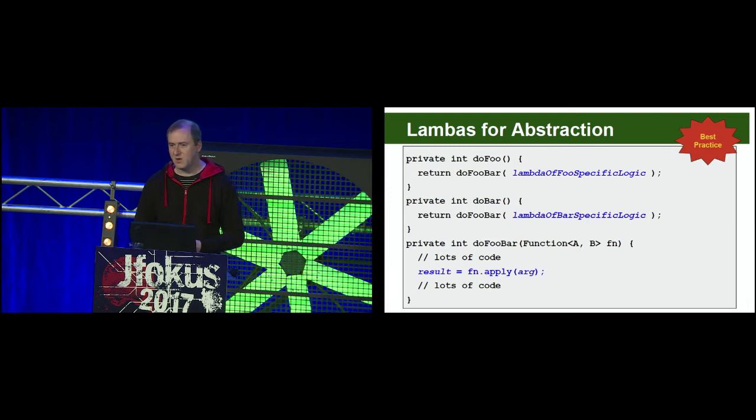So what we can do now is we can write a third method that takes a lambda, in this case, a function from A to B, and we can just take the first two methods and call that lambda, just with a little bit of logic that's different in each case. And overall, we've reduced our code duplication, and we've definitely moved forward in terms of clarity. So that's a good thing to be thinking about doing.